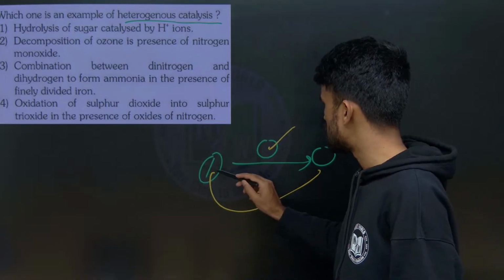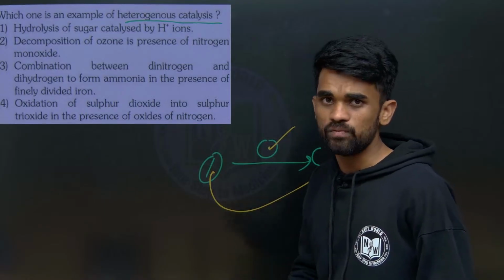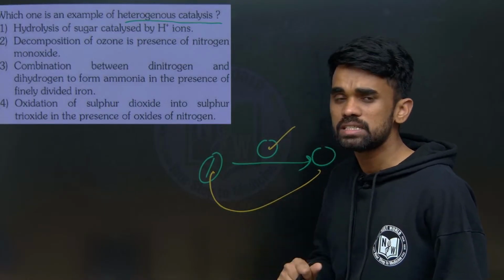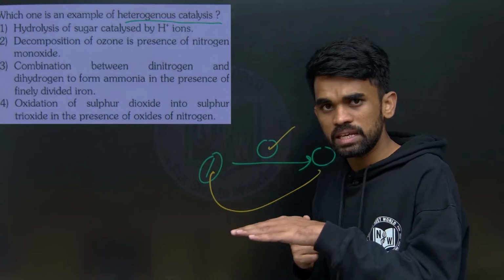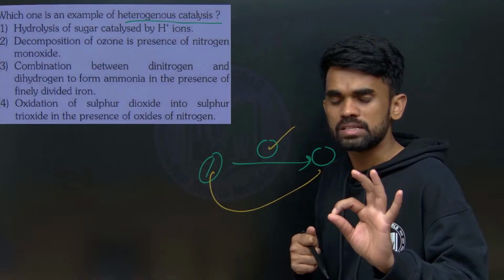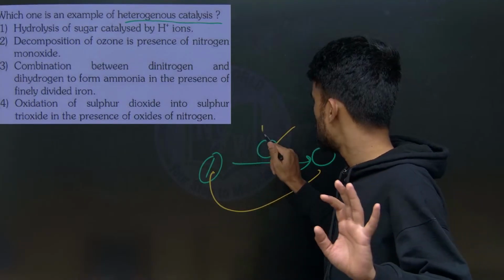If the substrate, product and catalyst are all in the same phase, let us say all in the gas phase, that is homogeneous catalysis. If everything has the same phase, it is homogeneous. If any one of them has a different phase, it is heterogeneous.